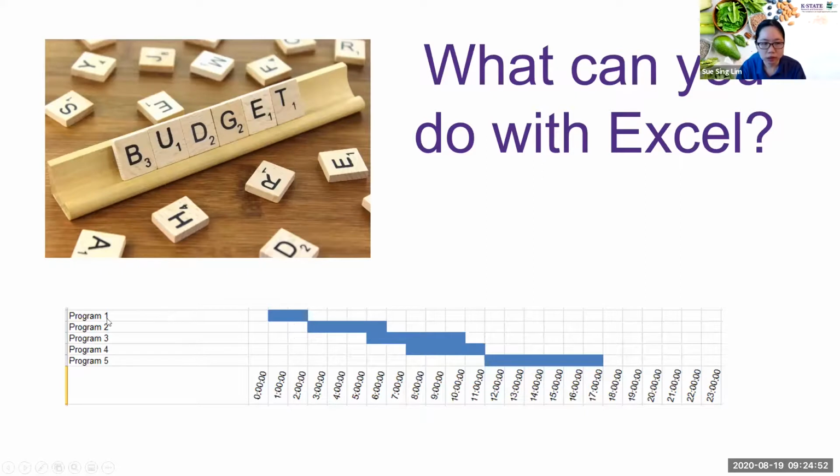You can even substitute this with your to-do list, and then you can assign maybe the first week, this is what I need to achieve, and then the second week, this is what I need to achieve. So Excel can also be used as a calendar function or a project timeline, or even an appointment. Hopefully today it will help you decide what you can do to use Excel to make your life easier.